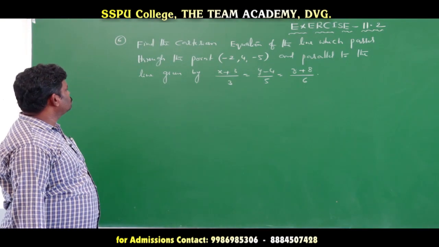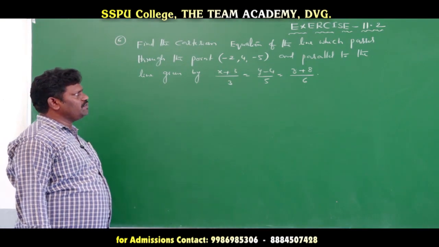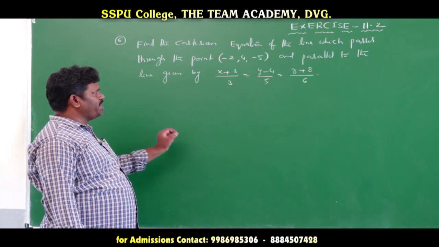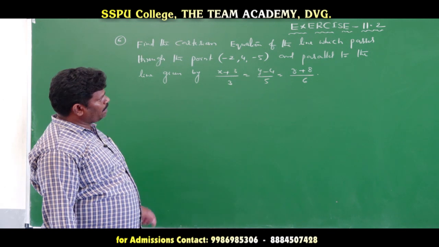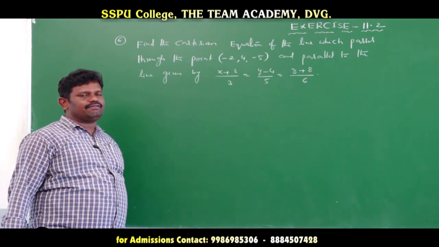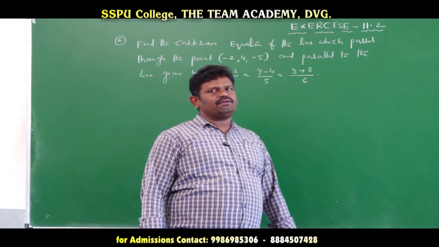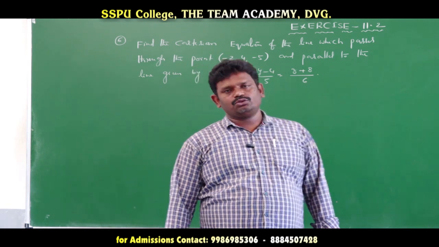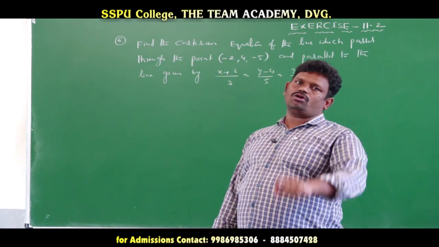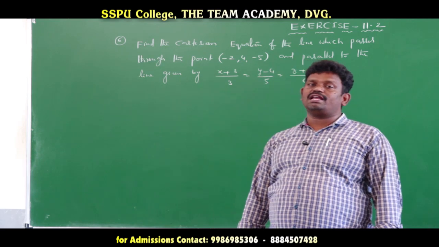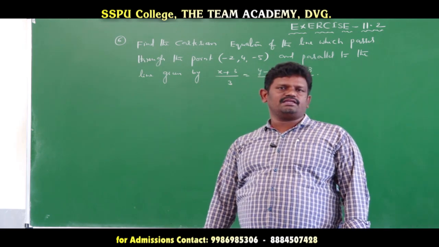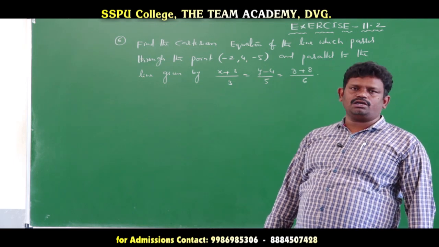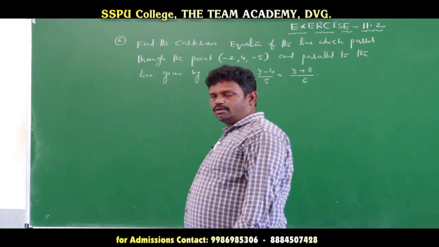Let's see the next question: find the Cartesian equation of the line which passes through the point and is parallel to the given line. We learned a theorem: the equation of the line passing through a point and parallel to the vector, r bar is equal to a bar plus lambda times b bar, or in Cartesian form (x minus x1) by a is equal to (y minus y1) by b is equal to (z minus z1) by c.